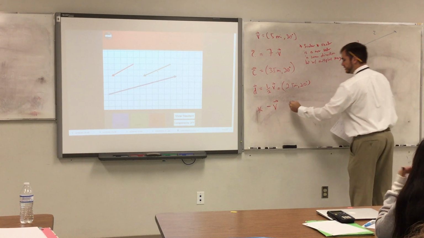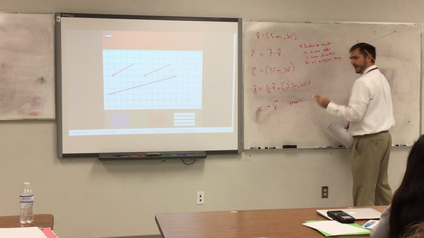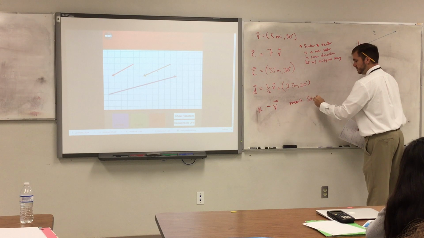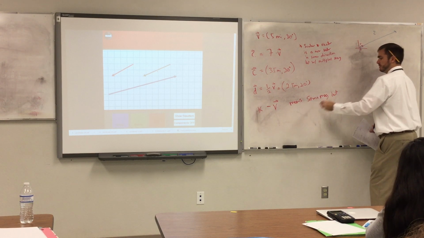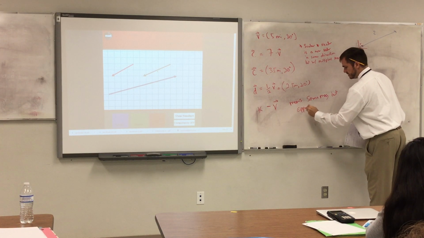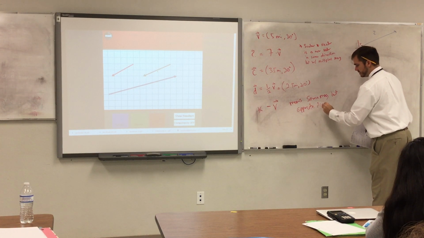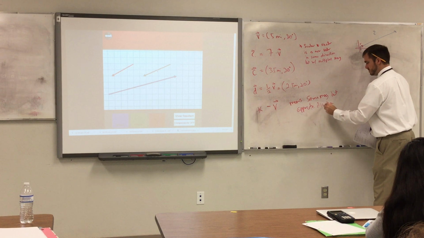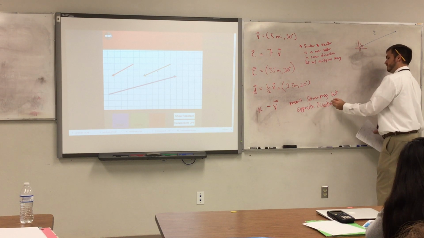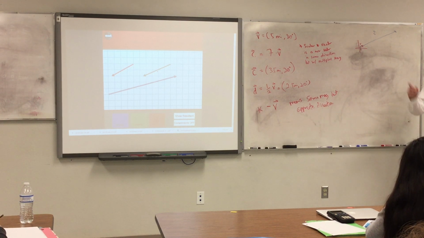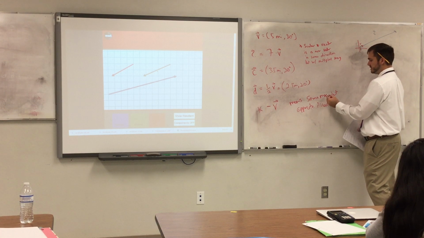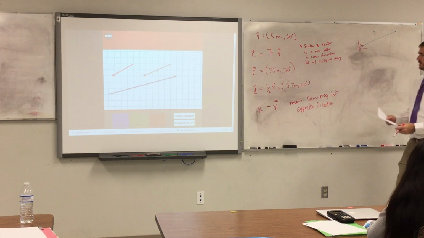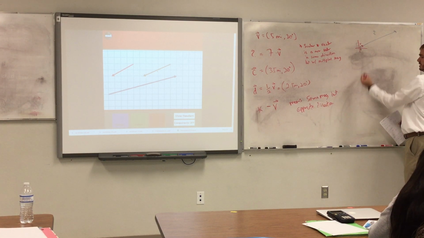Negative vector actually means the same magnitude but opposite direction. Negative in front of a vector means same magnitude, opposite direction.